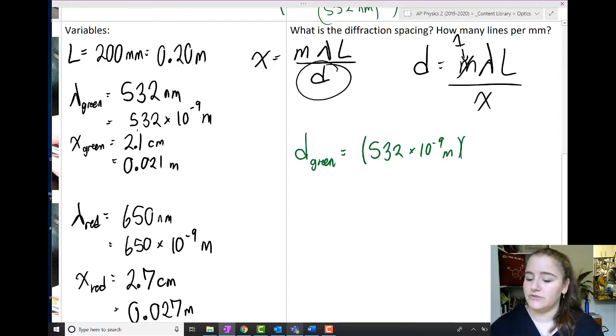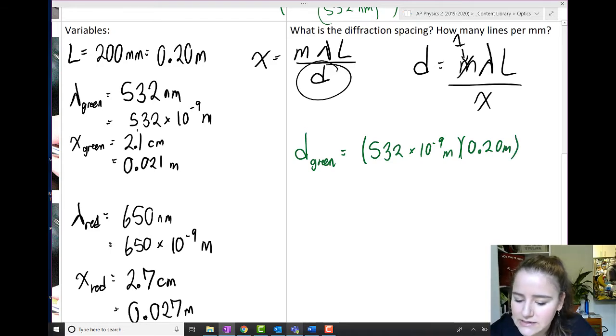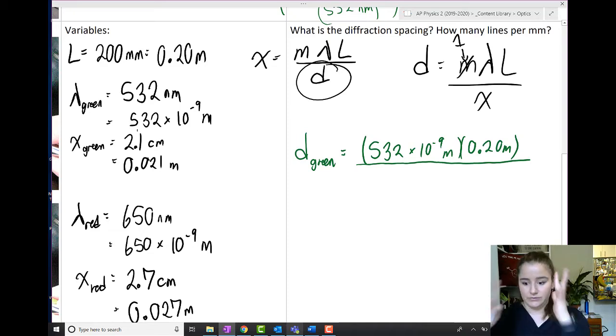I'm just using the nano as 9 because that's easier. L is 0.20 meters for the spacing between the diffraction grating and the screen, okay? And then X is the distance between those maxima, so 0.021 meters, okay?